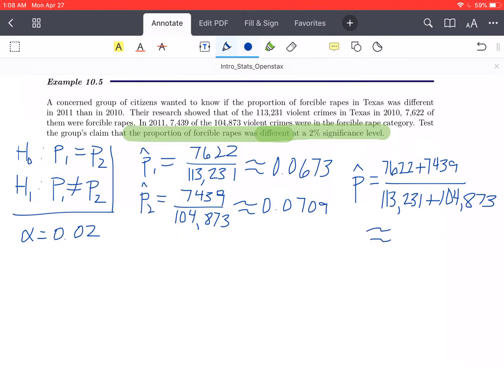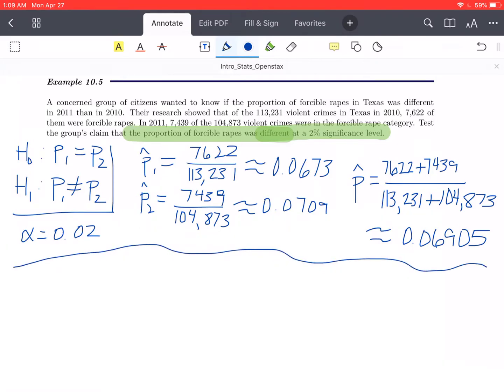So our p hat value is approximately 0.06905. Okay, so it's hovering between those two, which makes sense, right? Because it's a combination of those two, so it's between them. Okay, so this is kind of all of our data to start us off here.